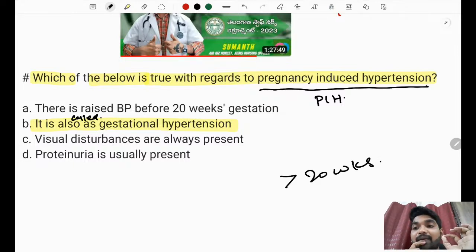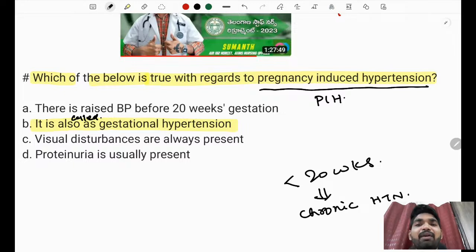In a normal pregnant woman, if she develops hypertension after 20 weeks of gestation, only then are you going to call it pregnancy induced hypertension. If BP is raised before 20 weeks, then you should not call it gestational hypertension. It becomes chronic hypertension.